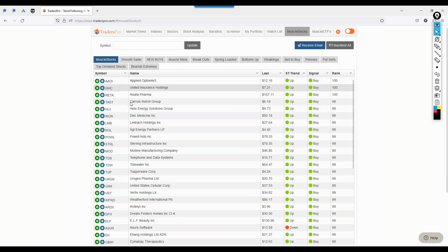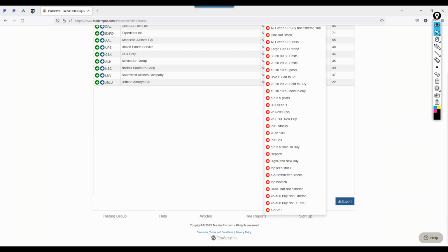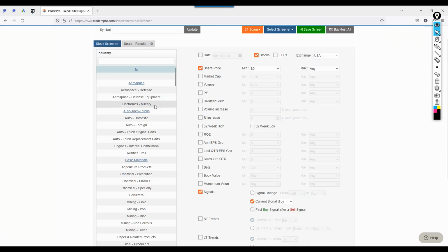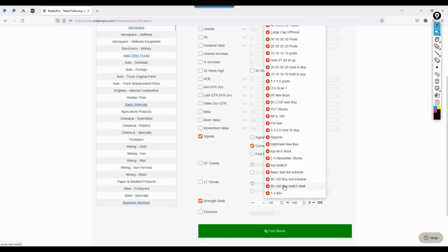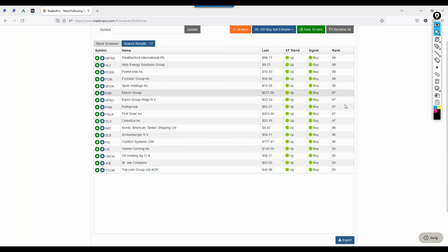Rotating out, you can focus on these. One of the scans that I like to do is a scan that I call 95 to 100 buy, not extreme. It's pulling in all the stocks that are strong stocks. They're in that range between 95 and 100, but they're not extreme.